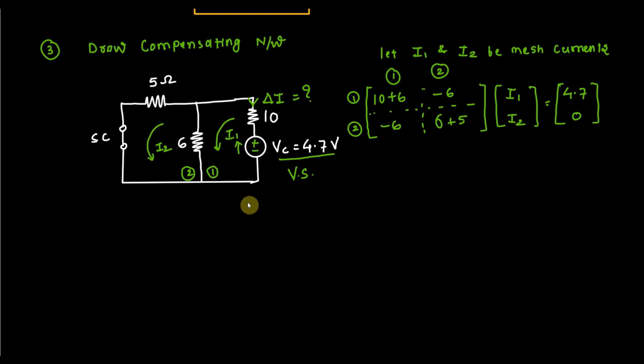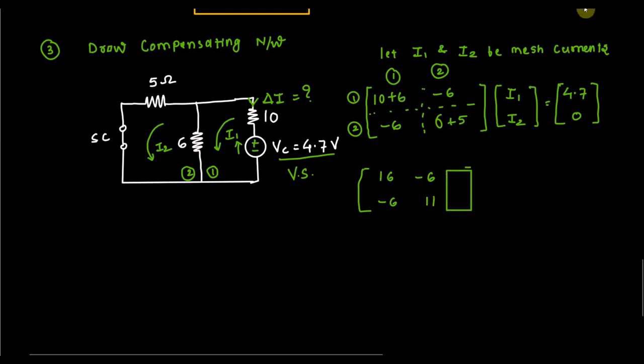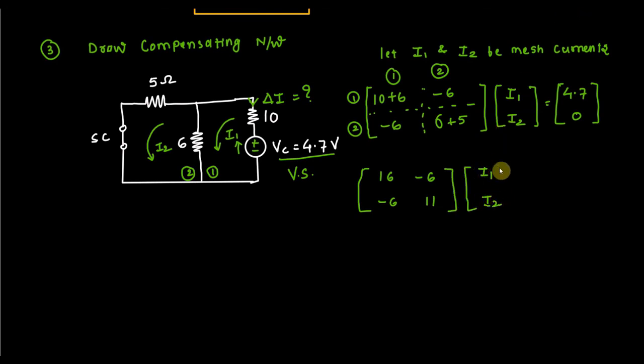Now you have to simply solve these matrices. So this will become 16, minus 6, minus 6, and 11. Right? This will be I1, I2, and this is equal to 4.7, 0.